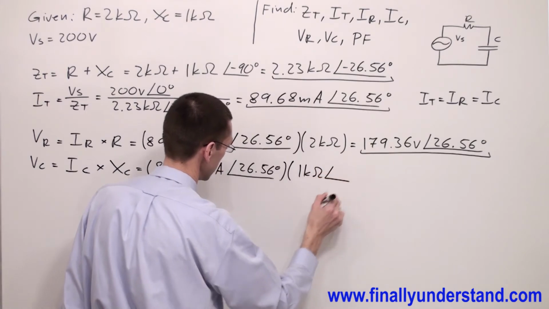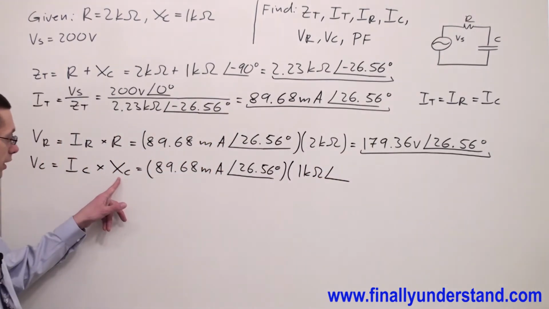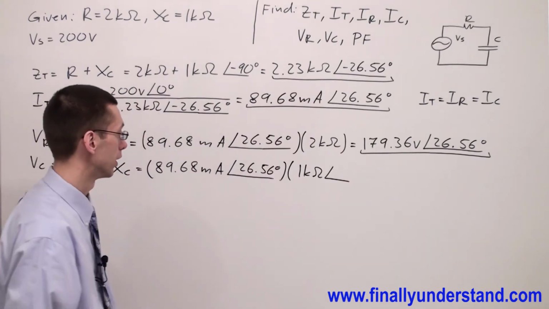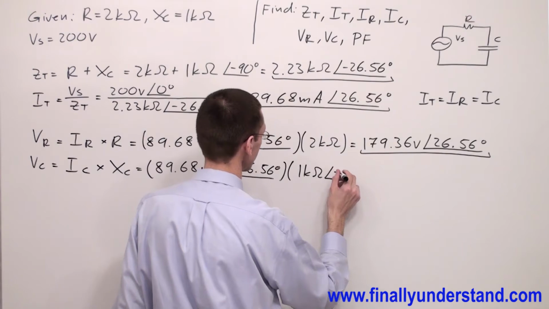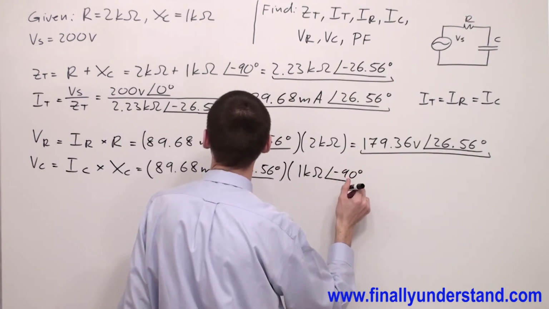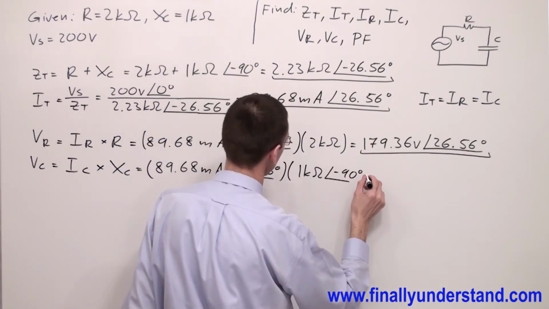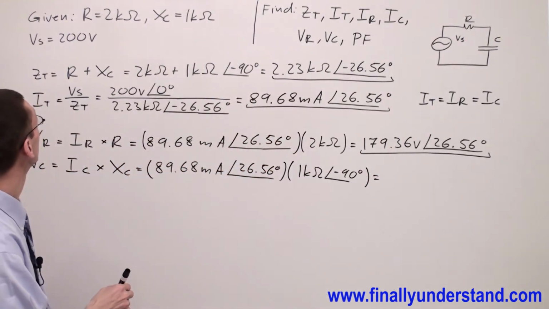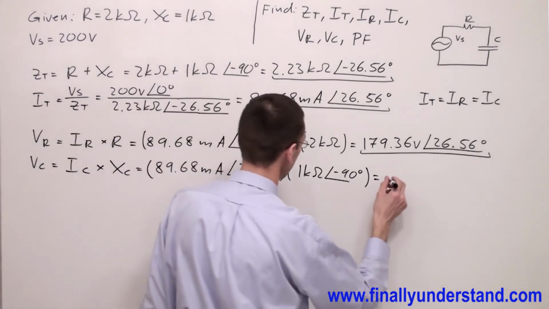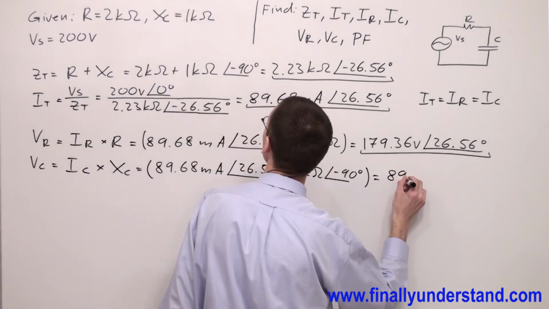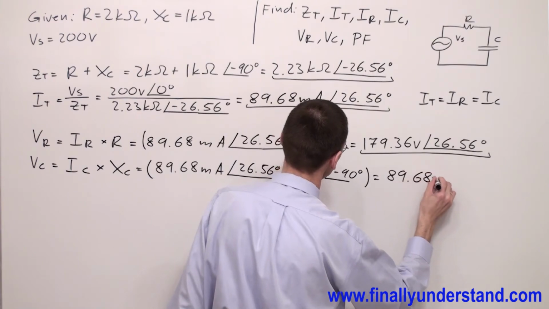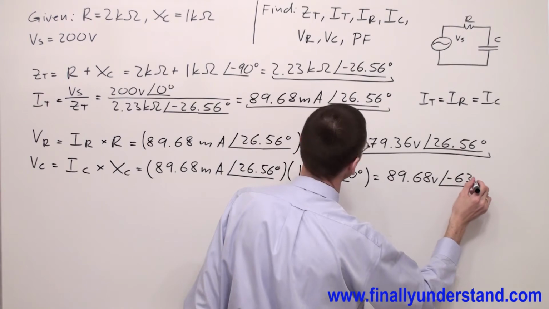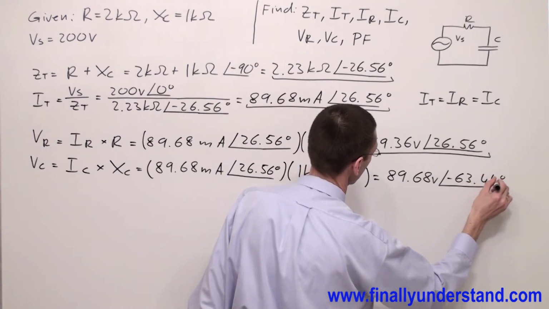And don't forget that the capacitive reactance, or impedance of the capacitor, always goes with an angle of negative 90 degrees. Plug these values into the calculator and you're supposed to obtain 89.68 volts and angle of negative 63.44 degrees.